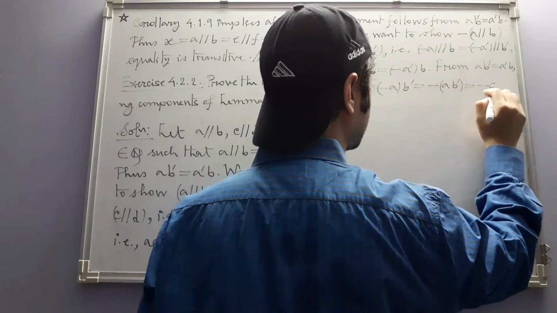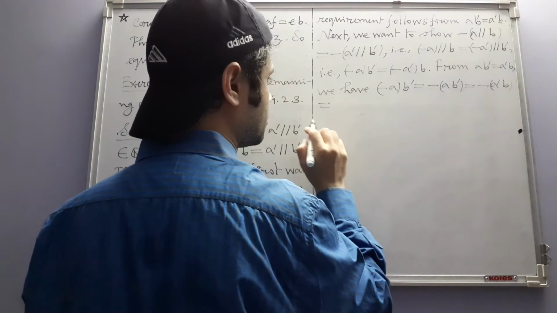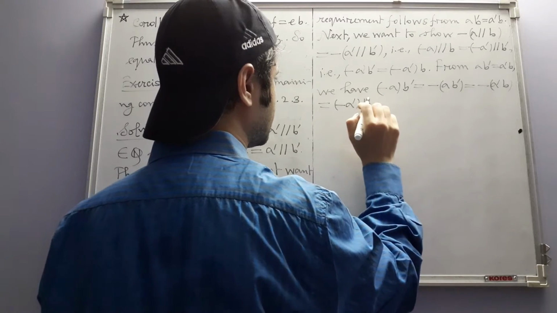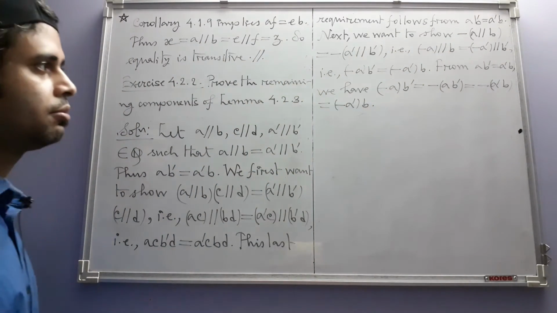So this is equal to minus A prime B, and that is equal to minus of A prime times B. So that just gives us what we want.